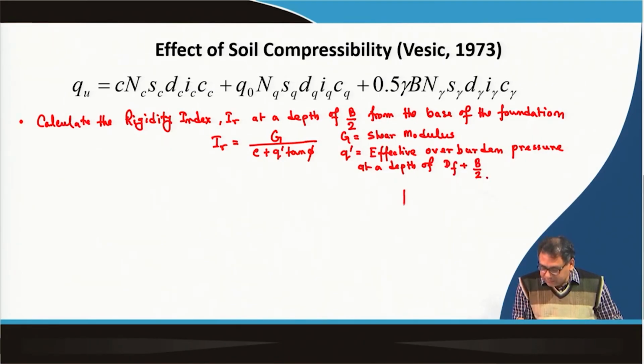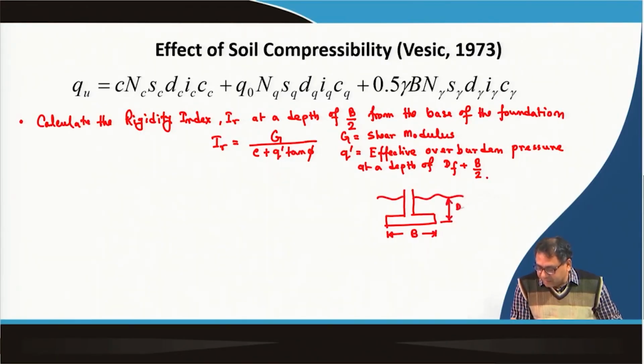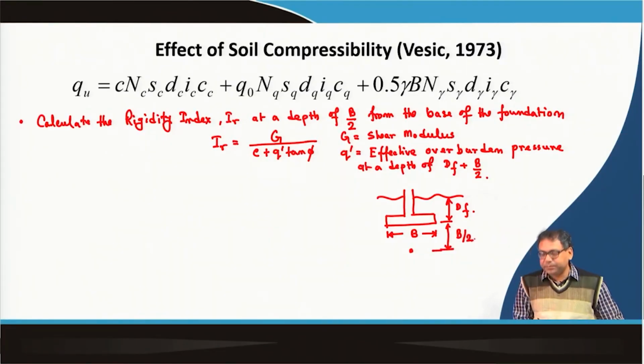Suppose we have a footing whose width is B, and this is the depth of the foundation. We have to calculate this rigidity index at a depth of Df plus B by 2.